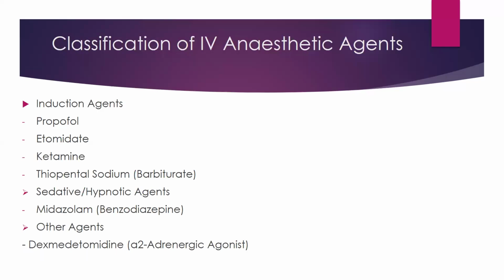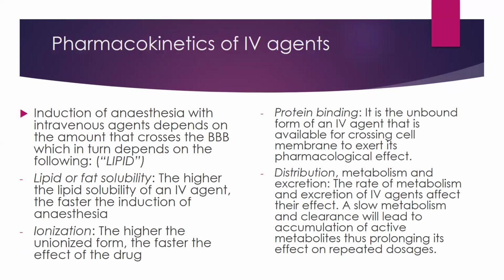Okay, so let's look at the pharmacokinetics. Induction of anesthesia with an IV agent depends on the amount of the agent that crosses the blood-brain barrier. The amount that crosses the blood-brain barrier depends on about four different factors.